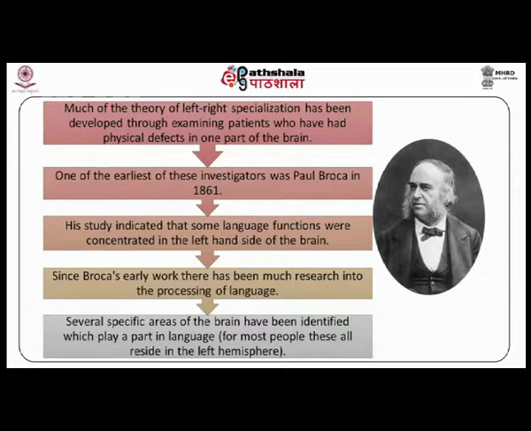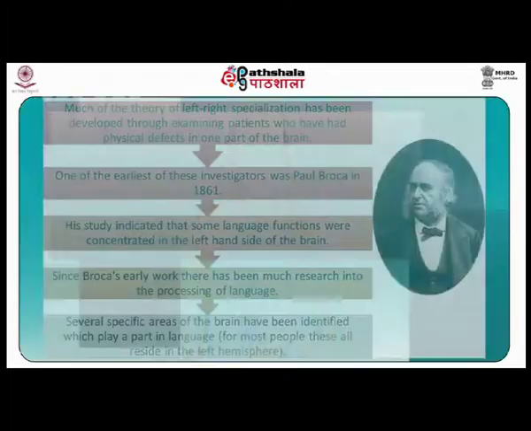His study indicated that some language functions were concentrated in the left-hand side of the brain. Since Broca's work there has been much research in the processing of language. Several specific areas of the brain have been identified which play a part in language. For most people, these all reside in the left hemisphere.